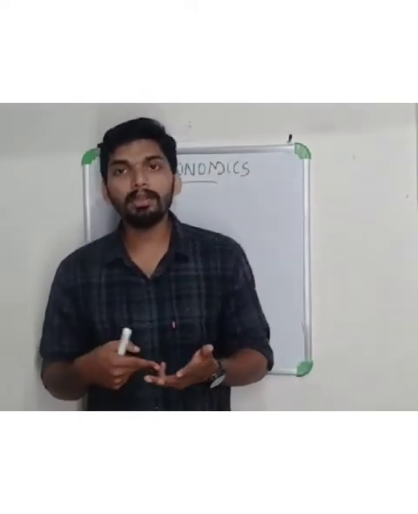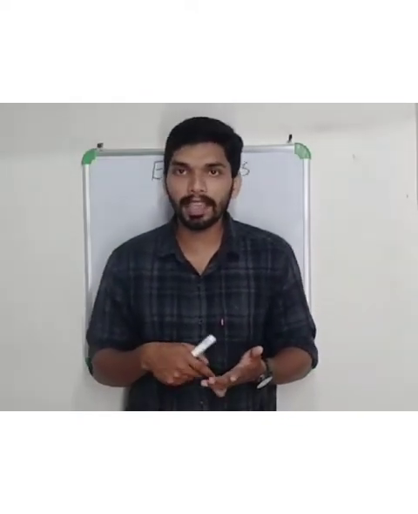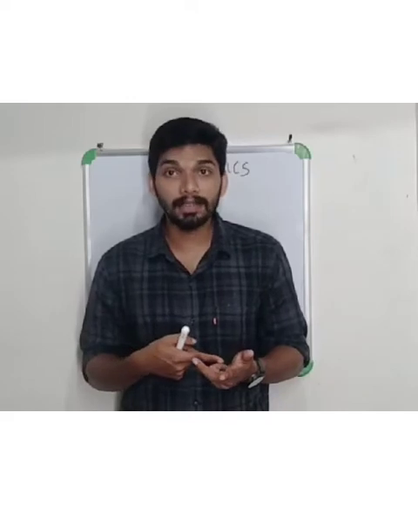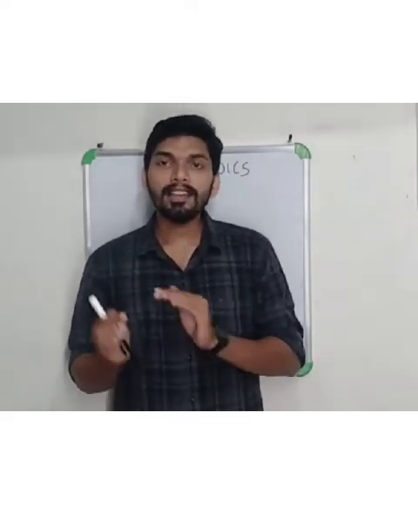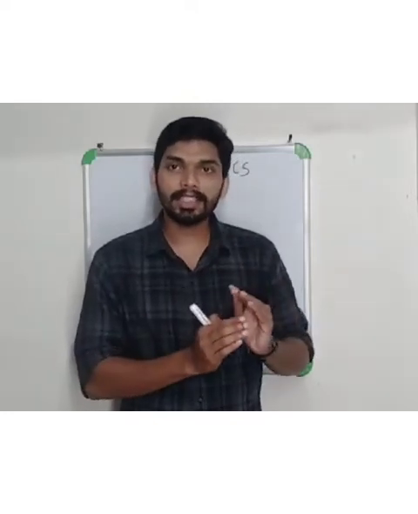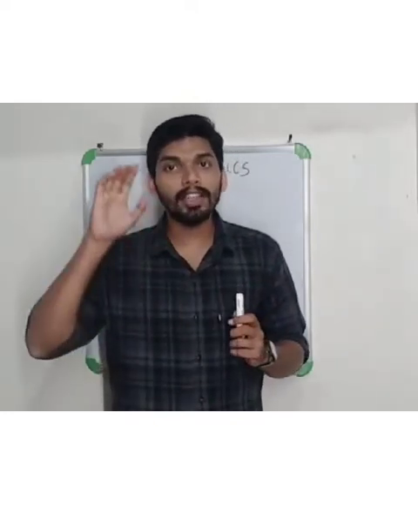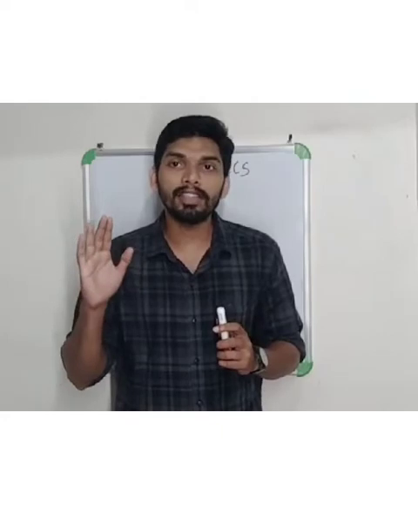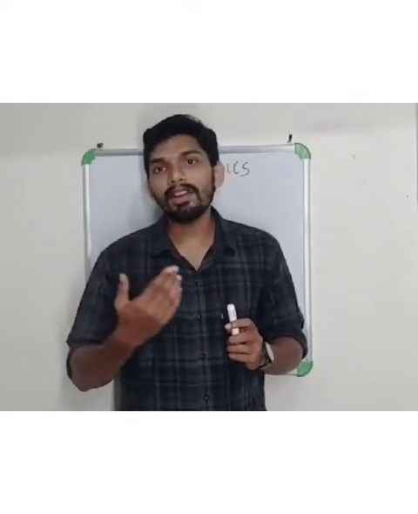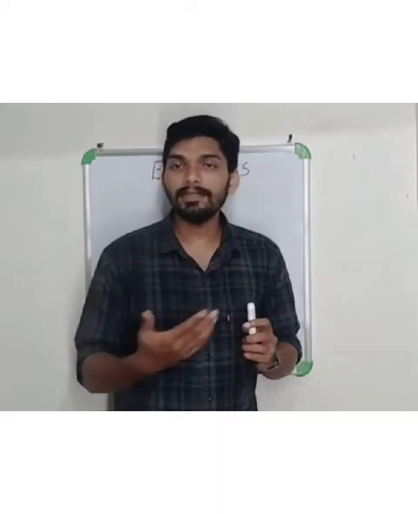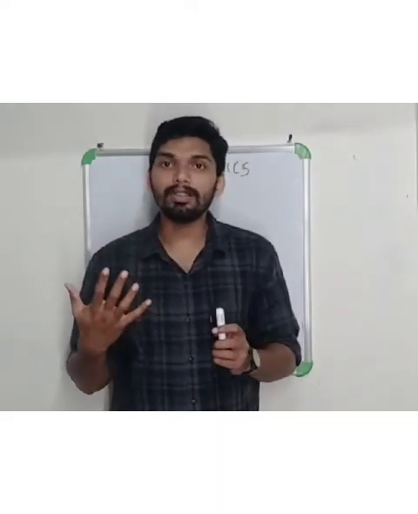The first one is the value added method or the product method, the second one is the income method, and the third one is the expenditure method. In the last session, we discussed in detail the value added or product method.